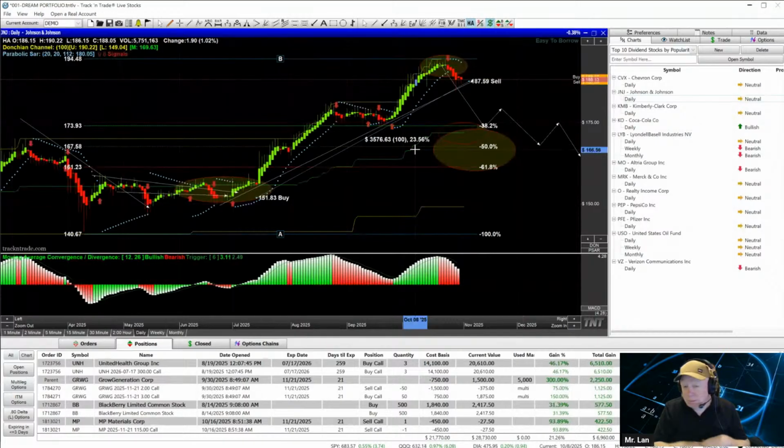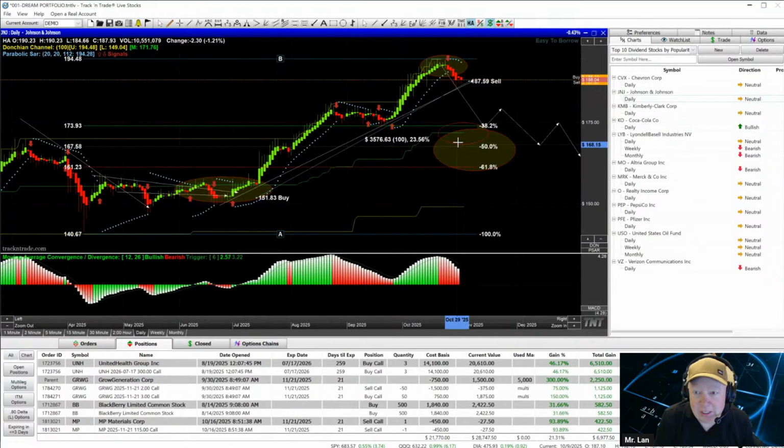Now, granted, it's very true the market's been on fire the last 4, 5, 6 months. It's just lit like dynamite. So past performance is not necessarily indicative of future results. So we have to take that into consideration. But nonetheless, that's how that works. You get 23% in 4 months, and that's unreal money, right? That's really, really super good on Johnson & Johnson growing that much in 4 months.